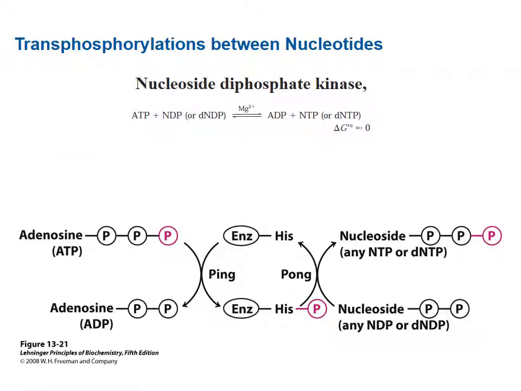Now, this reaction, which is catalyzed by nucleoside diphosphate kinase, is fully reversible, and that relationship is shown by equal length arrows between these reactions. It is the relative ATP to ADP ratio in the cells that normally drives this reaction forward.